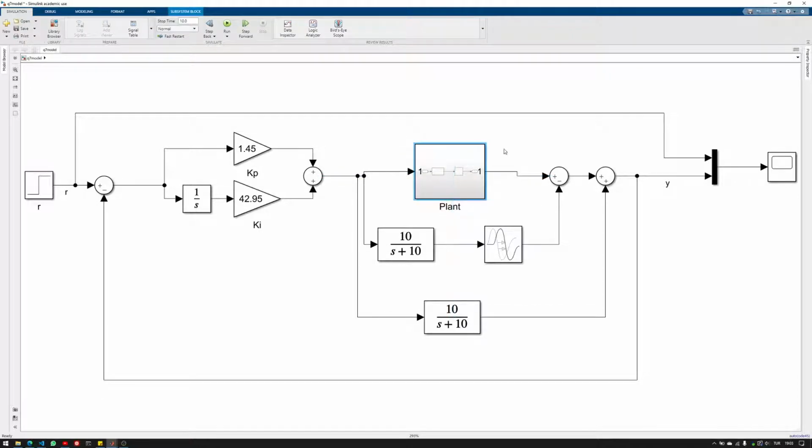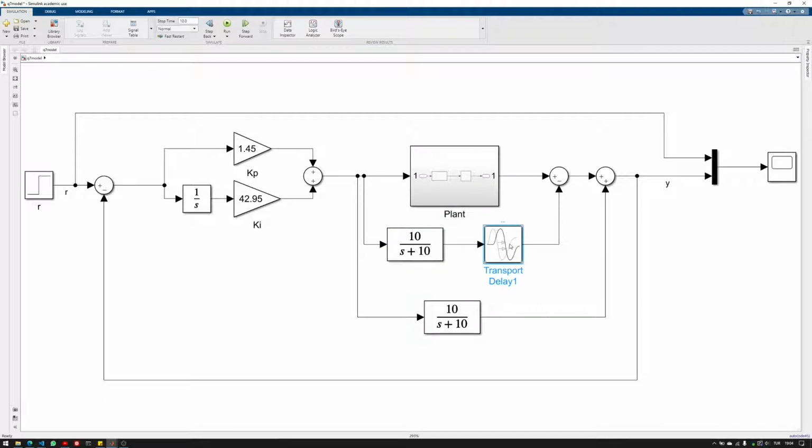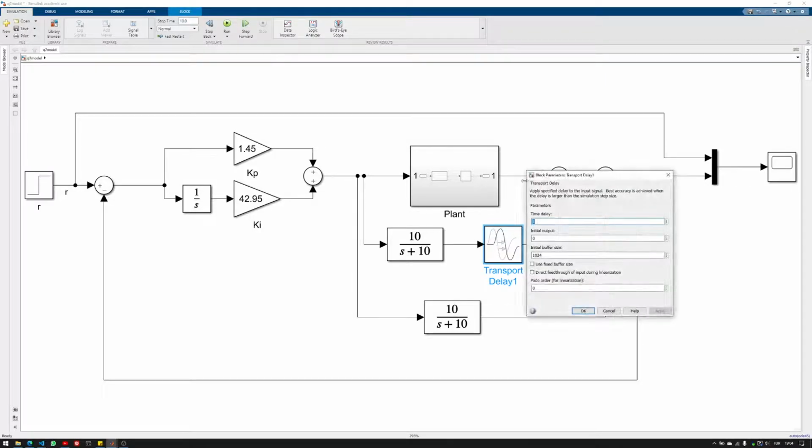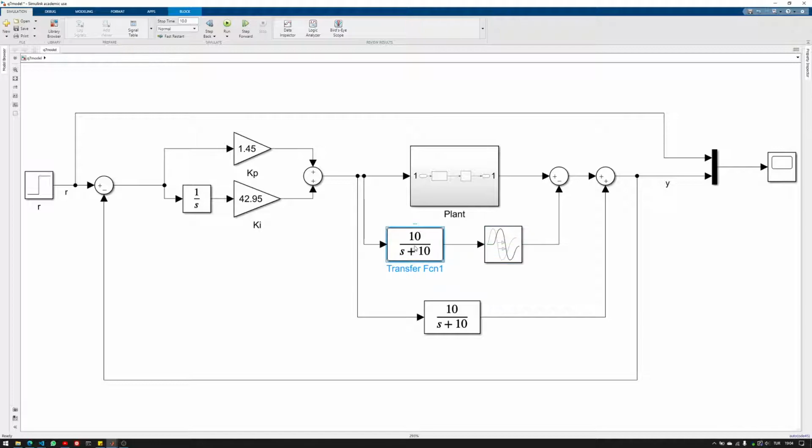If you don't see the internals of the plant, you somehow have modeled the plant, and your model is GS times the delay part. So the transport delay here is a 1 second delay, and we have 10 divided by s plus 10. So I assume that this is my mathematical model. So here we have the plant itself, and then I have another branch which includes my mathematical model.